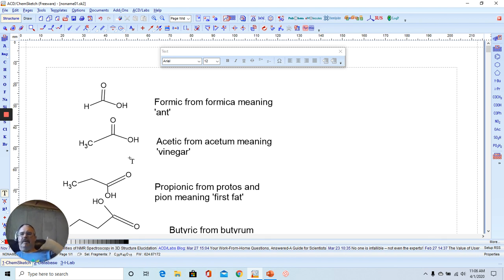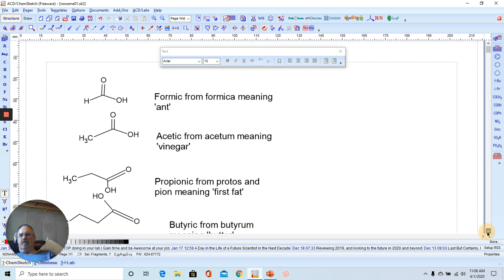Acetic acid, or ethanoic acid in the IUPAC, is a major component of vinegar. Vinegar is about a 4 to 5% solution, and the name acetic comes from acetum.